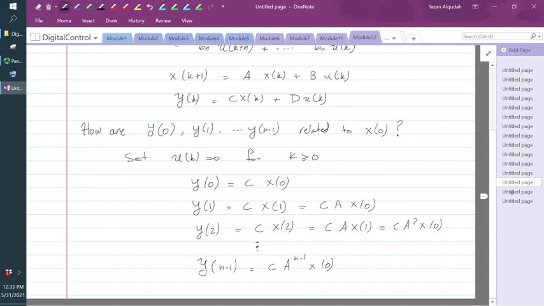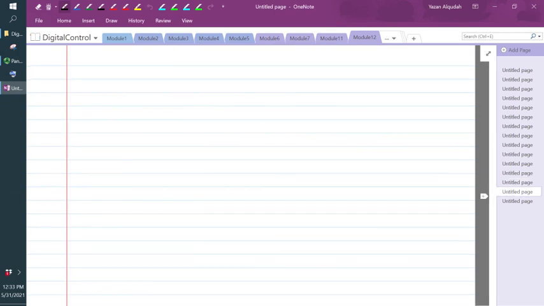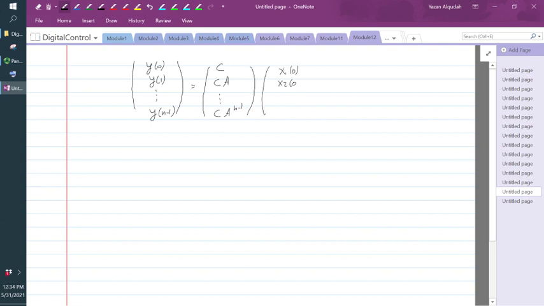Now we can write these in matrix format: y of 0, y of 1, all the way to y of n minus 1 is equal to c, c a, all the way to c a to n minus 1, multiplied by x1 of 0, x2 of 0, all the way to xn of 0.